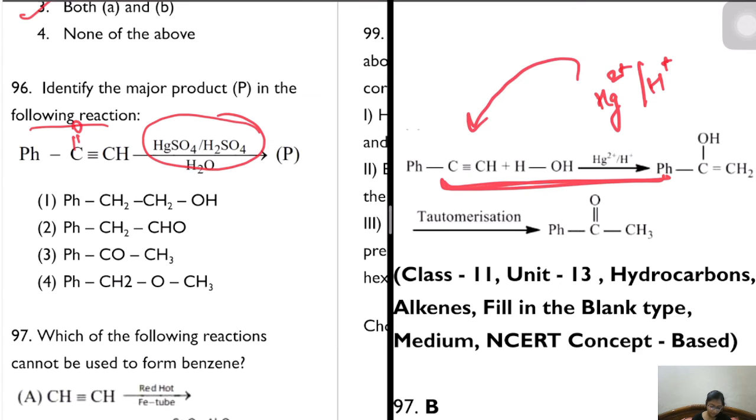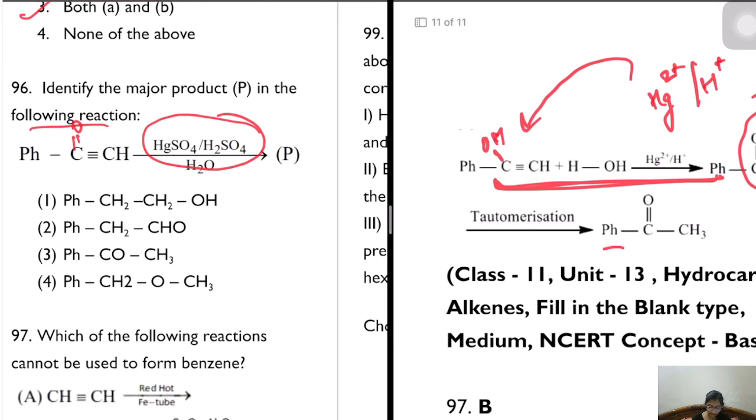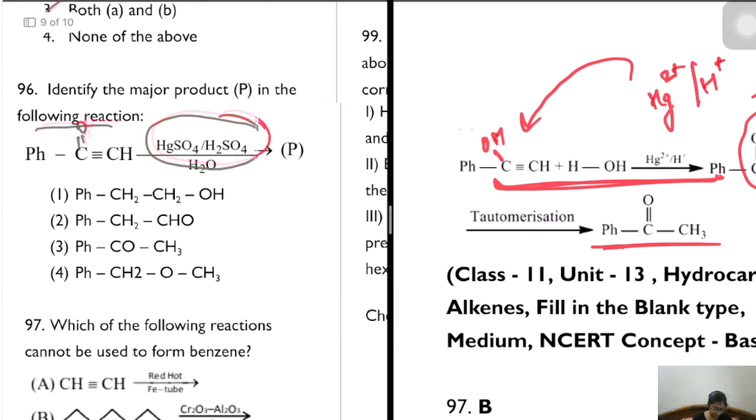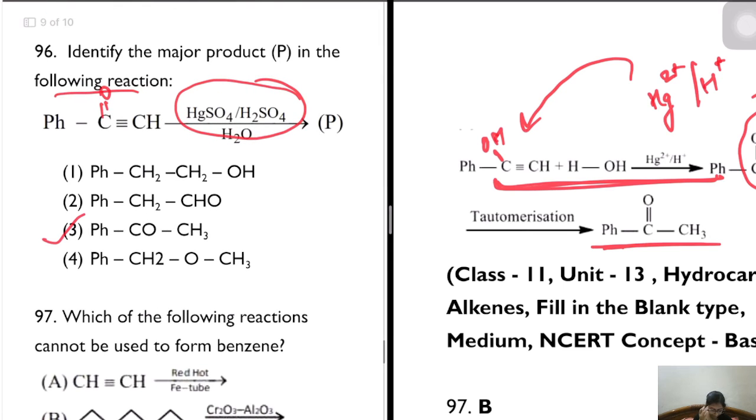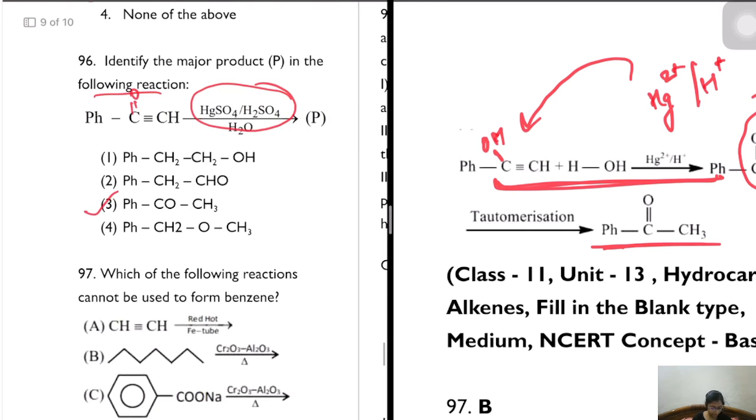Here they will form OH, and then it will tautomerize. See, this is the tautomerizing unit. OH is here, it will go here and this will go here. Then what we'll have? We'll have this. So this is the correct answer. Now let's see the next question.